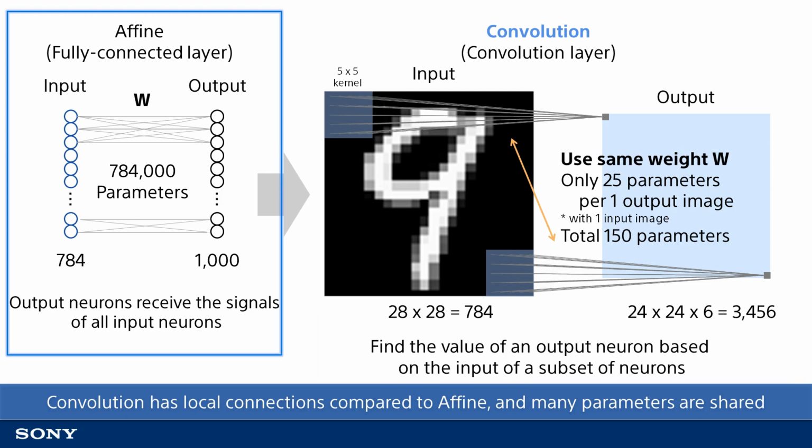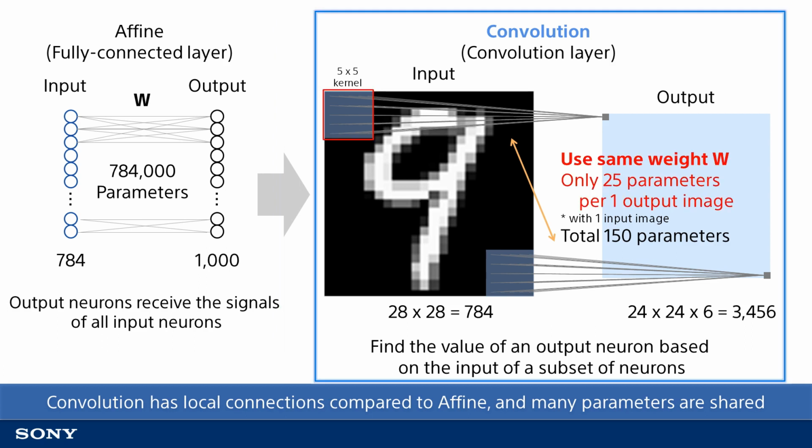In the case of the fully connected layer, if there were 784 input neurons and 1000 output neurons, there were 784,000 weights W of 784 by 1000.